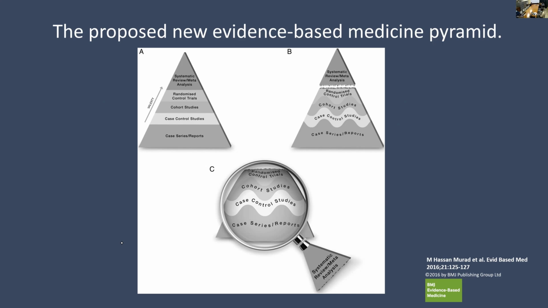Indirectness: is the question being addressed in the study the same as what we are looking at? Is our patient a complete reflection of what is being answered in the question? Inconsistency. These were the other factors they took into consideration, including the study design, which was the only important thing earlier, as you can see in A.